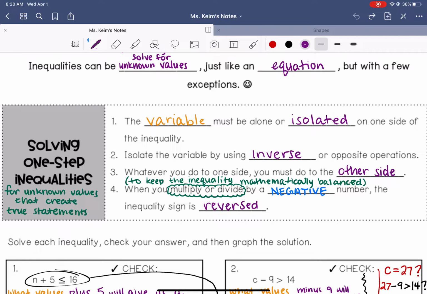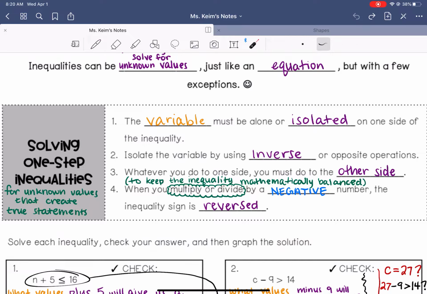Once again, same thing. Here, it says whatever you do to one side, you must do to the other side. Once again, we got to keep it balanced. If I just do something to one side, I haven't solved the inequality or solved the equation. I've just created a new equation, right? So we got to keep it balanced.